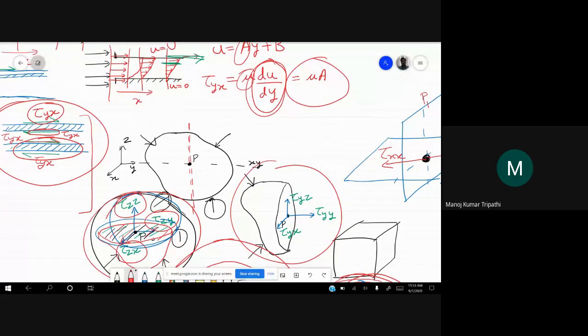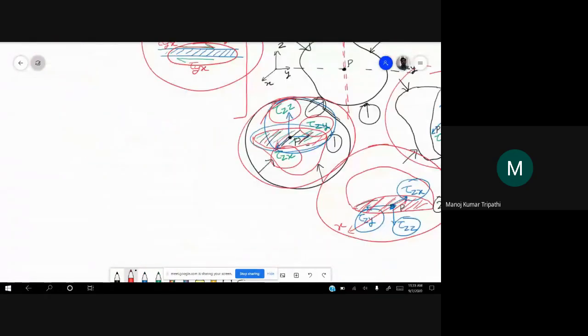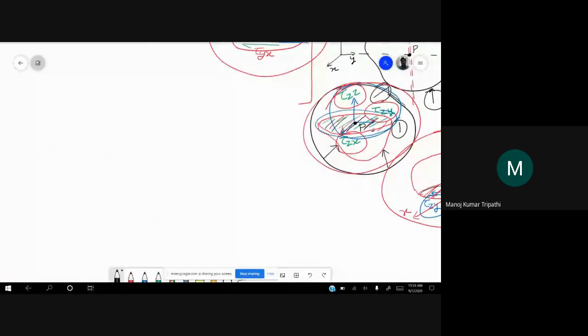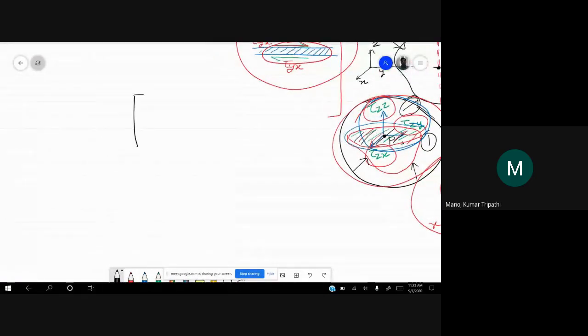What if it is tau xy? Let us take a square element in a 2D flow. We can generalize it to 3D also. For now, let us take a 2D element.